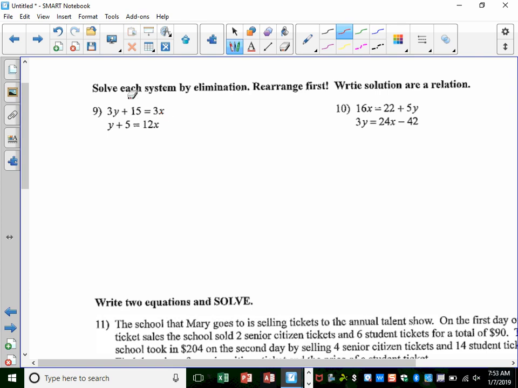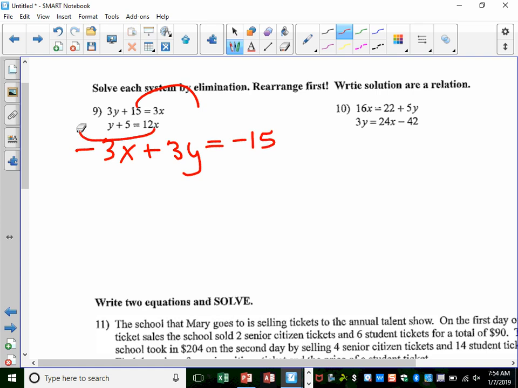All right, so how do I get this 3x to the other side? Since it's positive, how do I get it to the other side? Subtract, use the opposite side. Okay, so that's going to make that a negative 3x plus 3y. And then to move this over, again, use the opposite side.